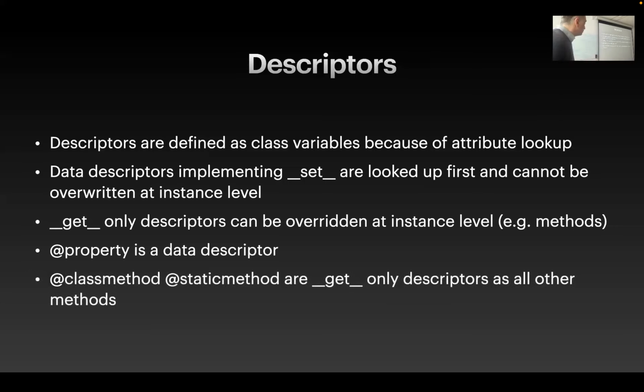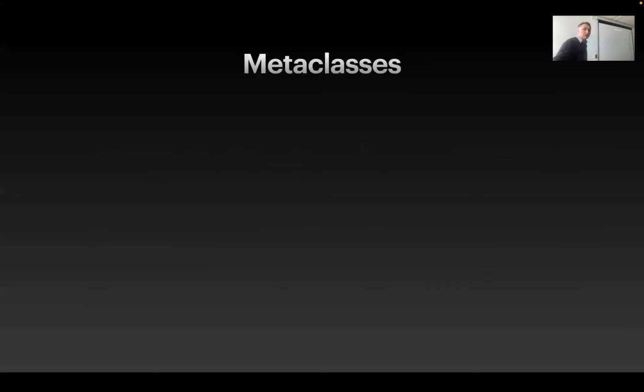Class method and static method are get-only descriptors, as are all the other methods. We'll see in the demo how you can see this, because you can just print whether it has get or not, and they all have get. Any question about descriptors? We need an example. Yeah, we'll see the example later.